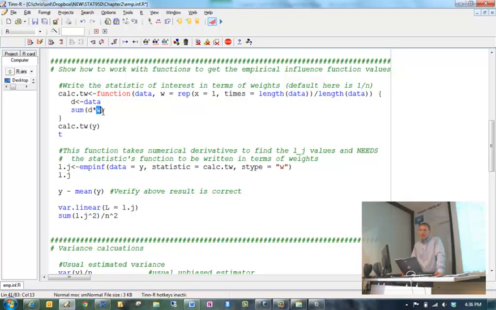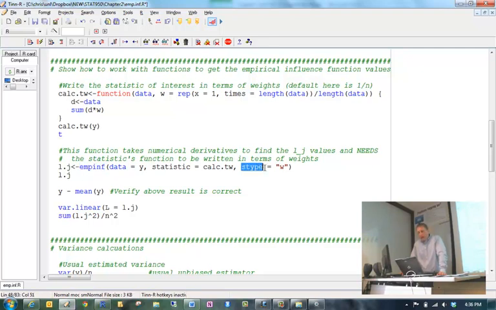That's what you need to write your statistic like. The reason is this: the empinf function is going to actually change the weights to help take a numerical derivative. We'll take a look at the actual code for empinf if you want to see how this is done. I'm not going to ask you a direct question on the test, but that's essentially what's happening.